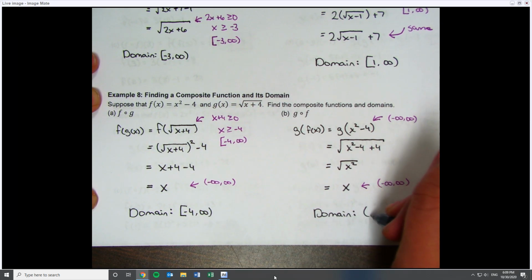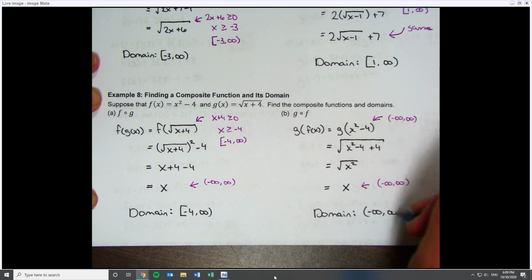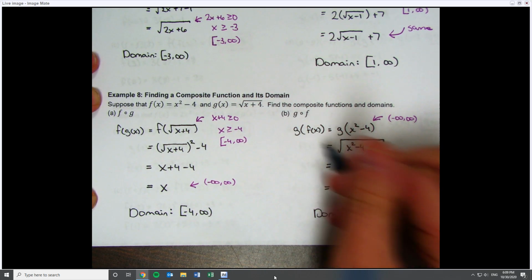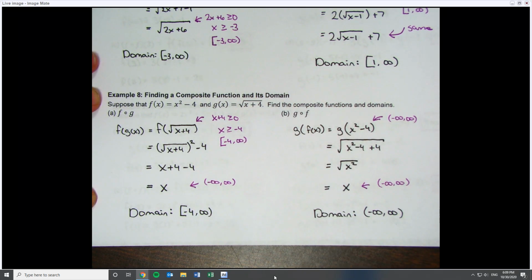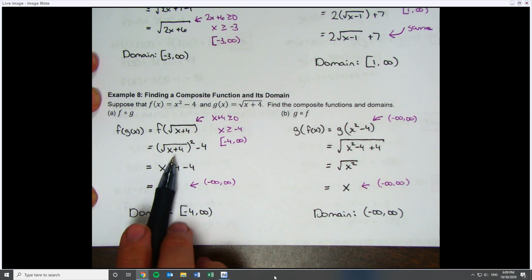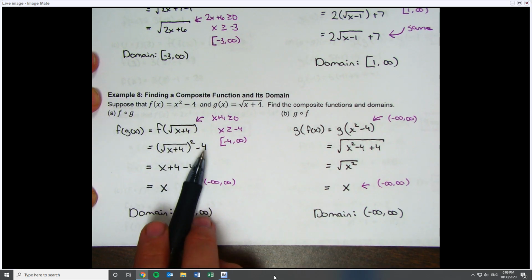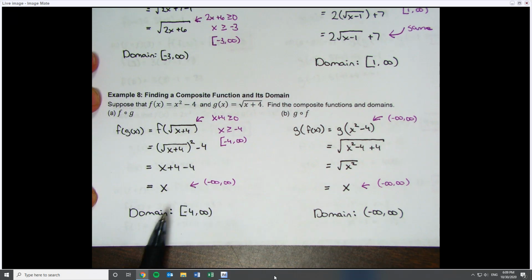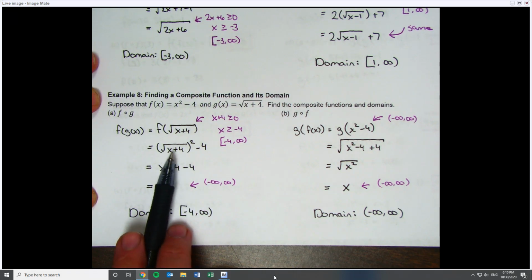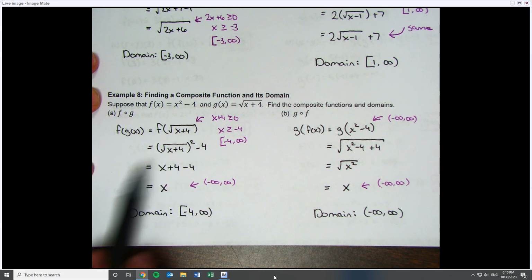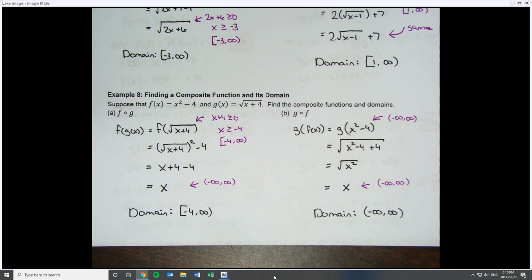They match. I can use every single x value in this function, and it works just fine. But this one over here, if I were to set this one up, and this is what I originally had, I can't use any numbers less than negative 4, or else I'm taking the square root of a negative, and that breaks my function. And that's it.